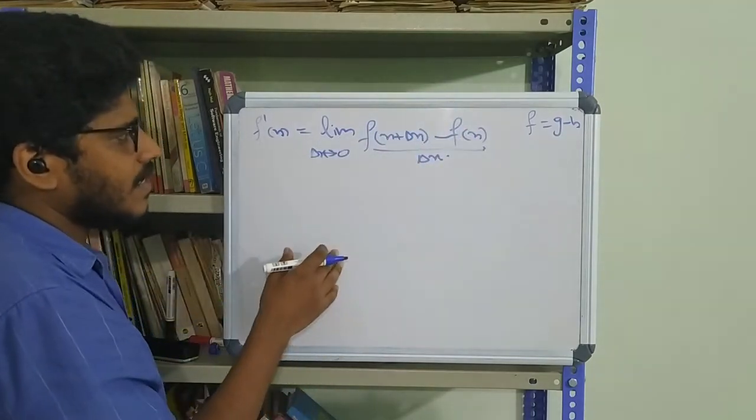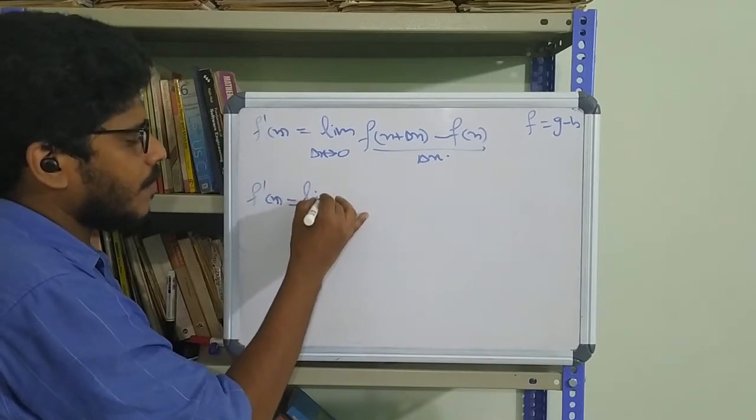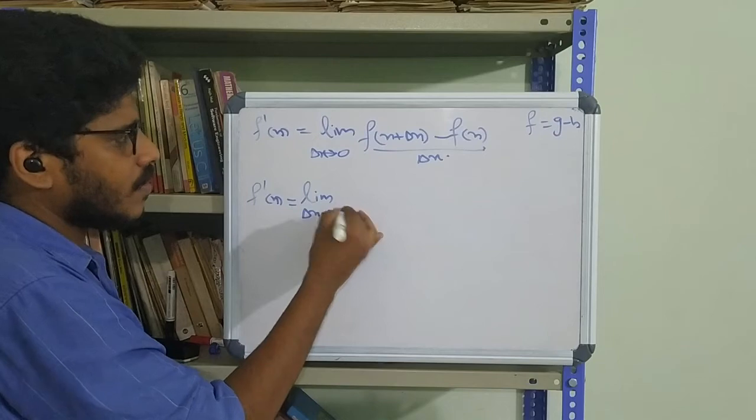If f is equal to g minus h, then f dash of x equal to limit delta x goes to 0.